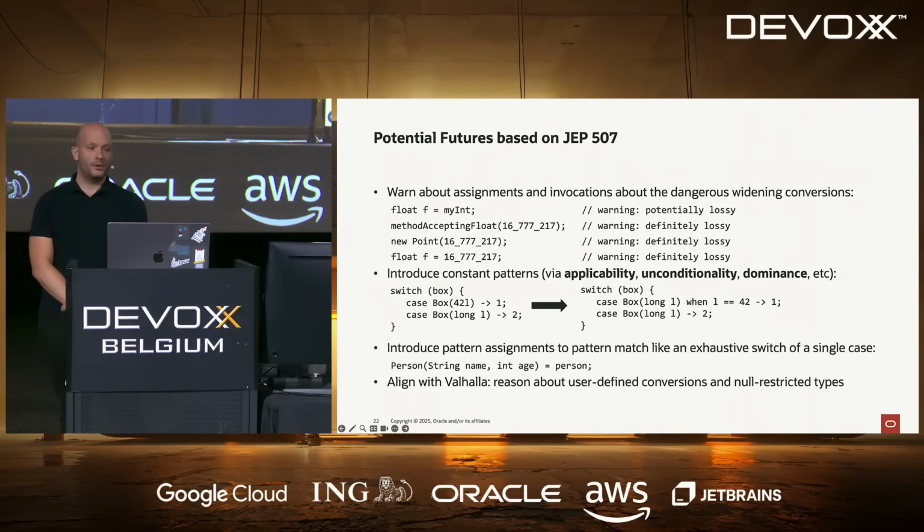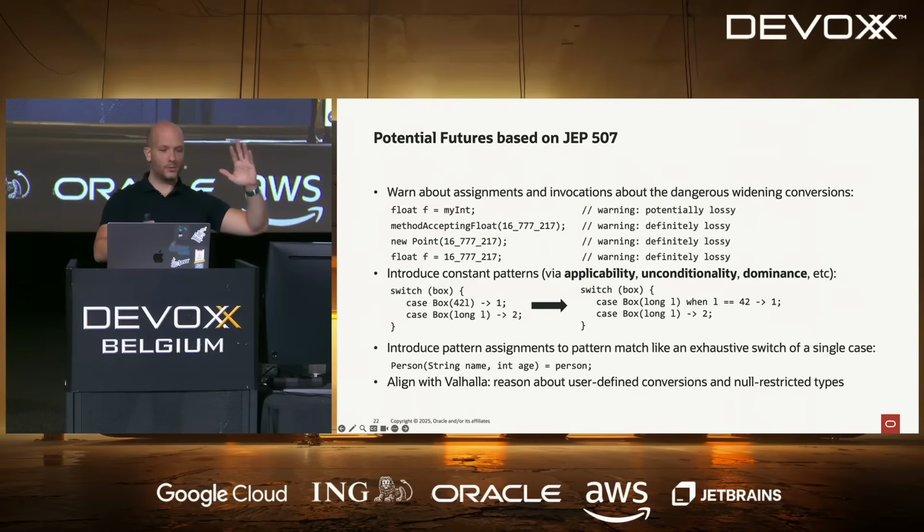So introducing constant patterns would mean this feature plugs into the framework, talks about what applicability means, what unconditionality means, and whether a case person of one dominates other cases.